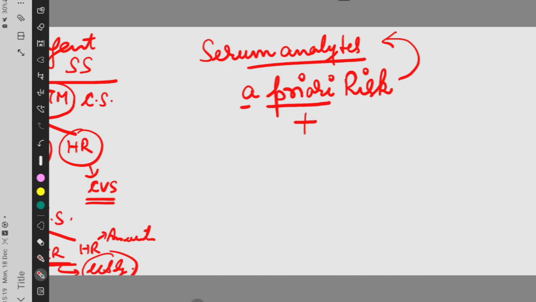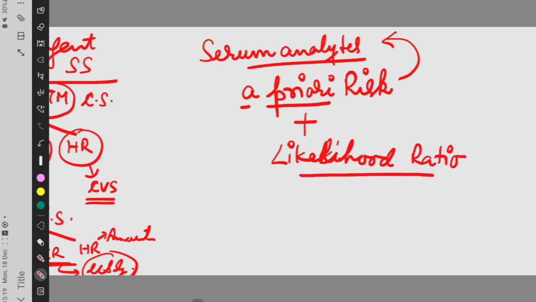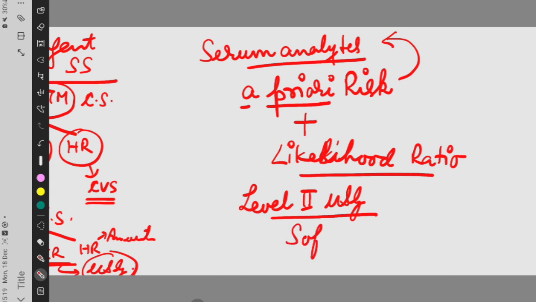We combine the a priori risk with likelihood ratio. Now what is likelihood ratio? Likelihood ratio is a ratio or risk stratification which we get from level 2 ultrasound. So in level 2 ultrasound, there are a few markers which are called soft markers.